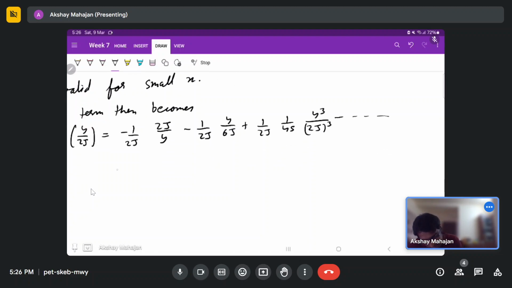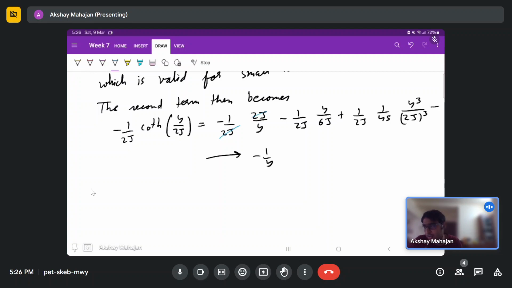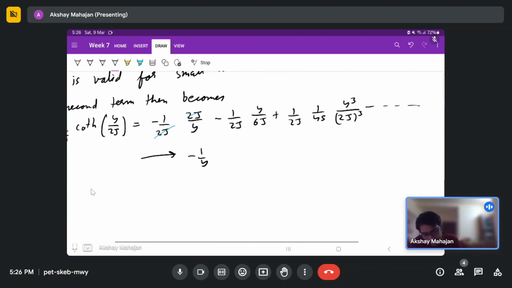This will tend towards minus 1 by y, because in the first term the 2j will cancel out, so the first term will be just minus 1 by y. Since j is tending towards infinity, all the other terms have j in the denominator, so all the other terms will go to 0. So the second term will go to minus 1 by y as j tends to infinity.